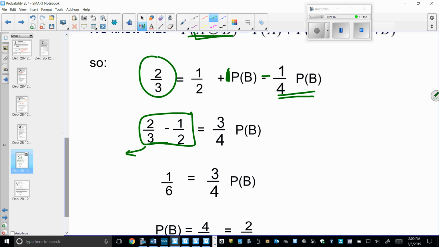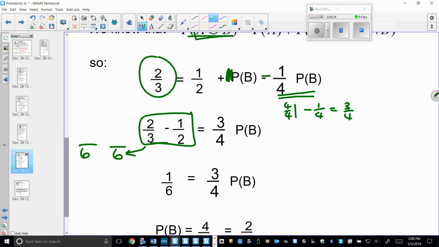Are you okay? I'm confused about 3/4. This is 1 PB, subtract 1/4 PB. So 1 whole 1, subtract 1/4 will be 3/4, because 1 whole 1 needs to be 4 fourths.